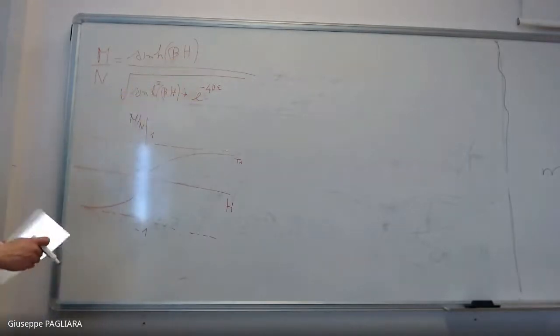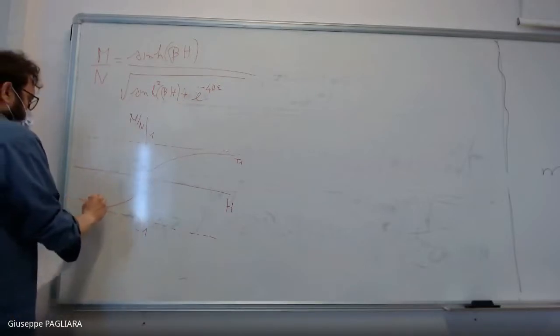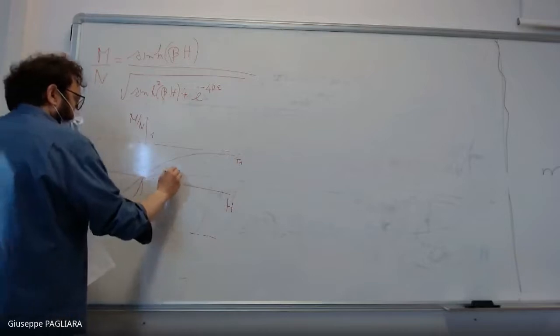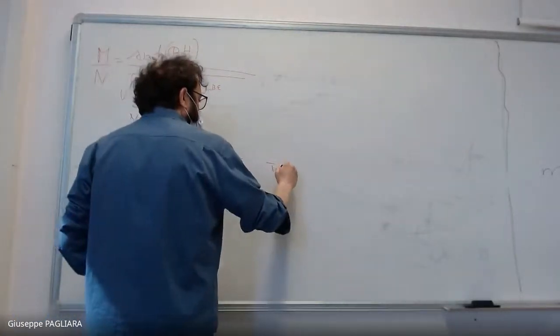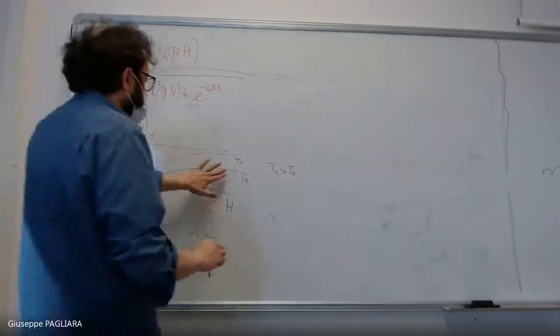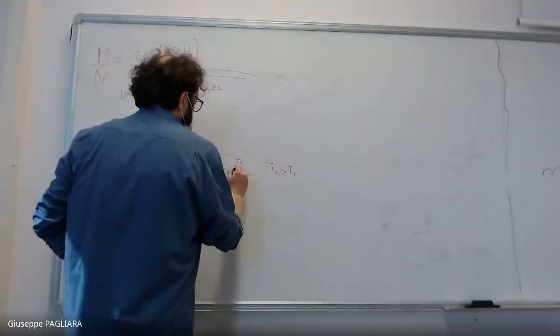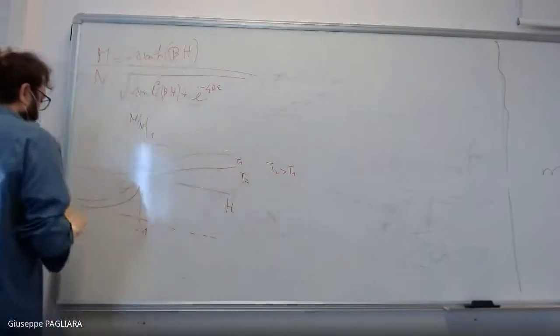So then if T2 is larger than T1, I should get something like this. Well, of course, at some point at infinity, it will go to 1.